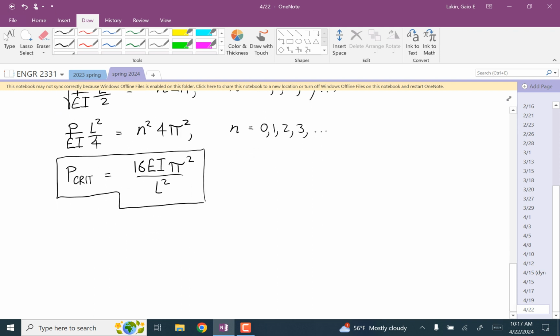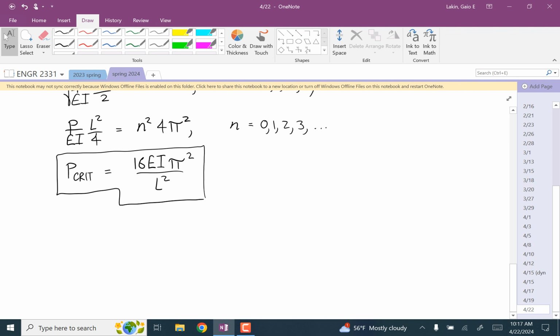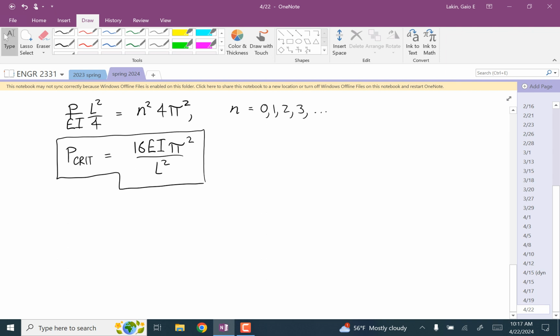Okay, so now let's go through all of our different cases and compare. I'm going to go from lowest critical P value to highest.